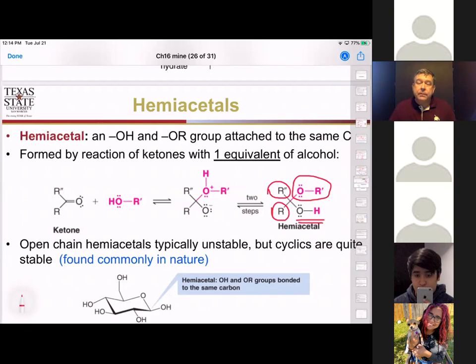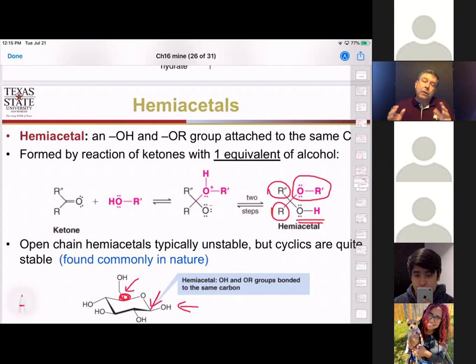And the most common place we see this is when we take sugars like sucrose or glucose and we close the ring, they can form this hemiacetal structure. Notice that this would be our R group of our alcohol, and this would be the point where the carbonyl was, because we have the OH here and an O with an R group on this side. So that's the site of this hemiacetal, okay?